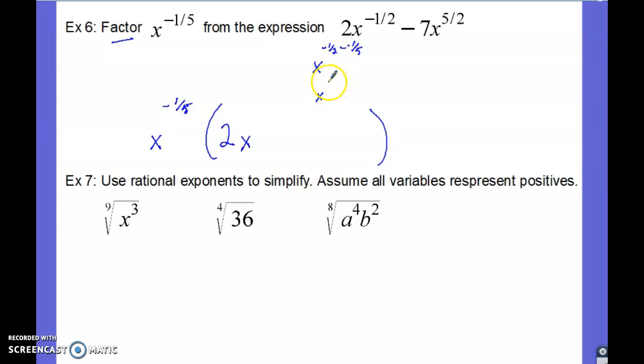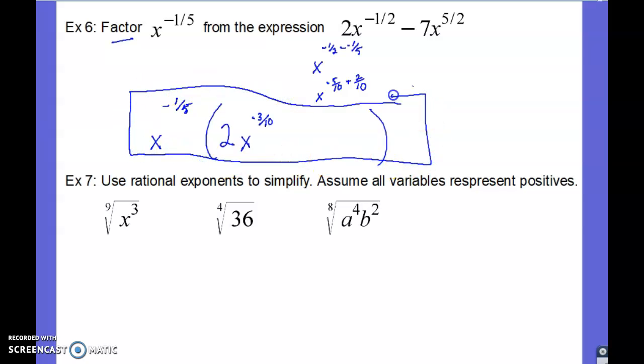So make it out of 10, so negative 5/10, and then plus 2/10. And you would get negative 3/10. I hope you would agree that adding these together, negative 1/5 plus negative 3/10, is negative 1/2. And then same thing, we have that minus 7, because that's not really going anywhere.